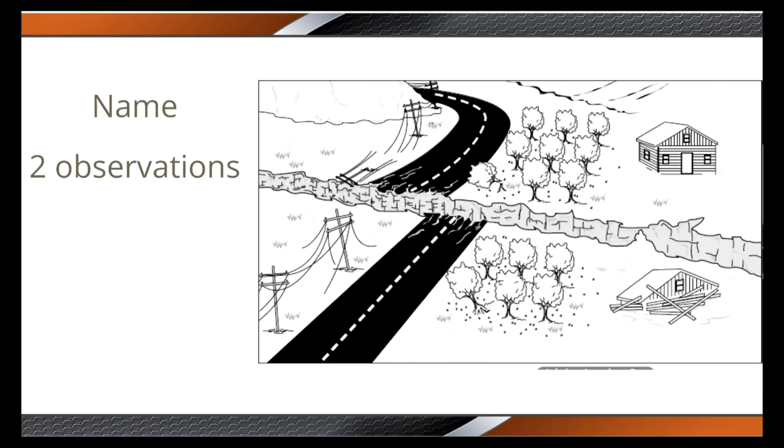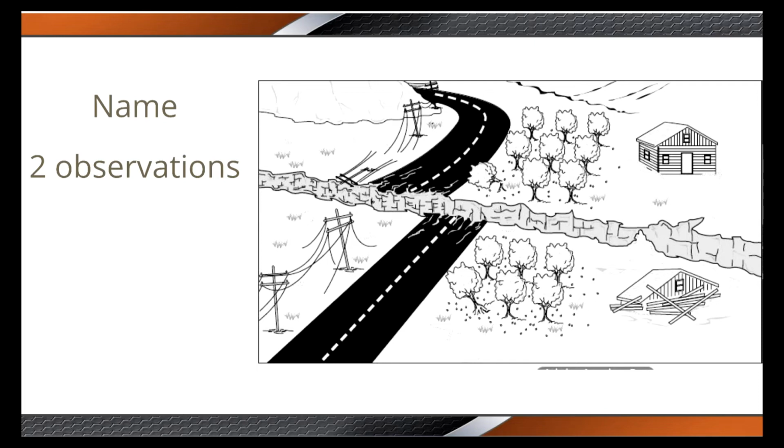Okay, so let's take a peek. What would be an example of two observations that we have here? Now, the impulsive person would look at this picture and say, oh, an earthquake happened here because the road is split. Well, that's not an observation.